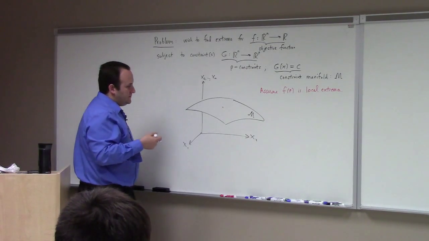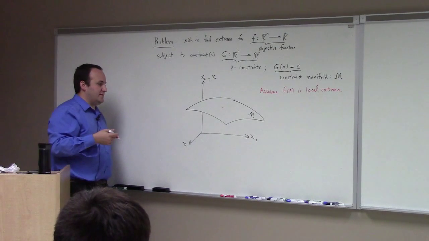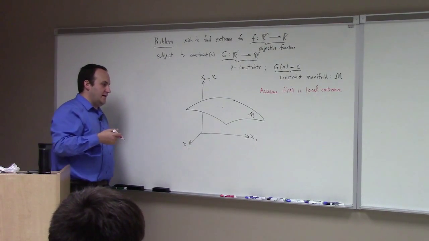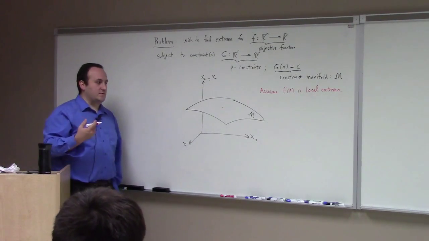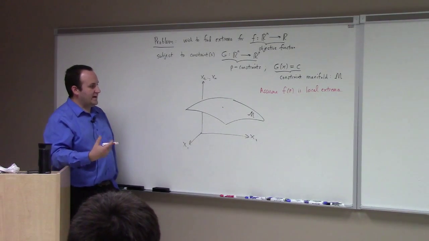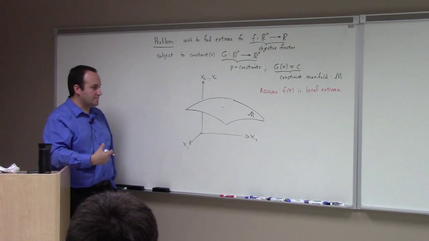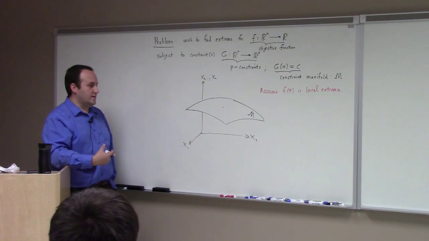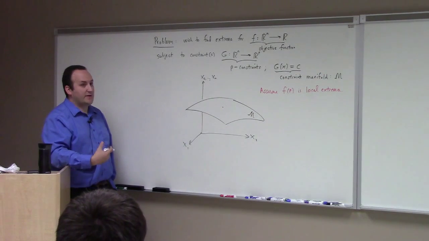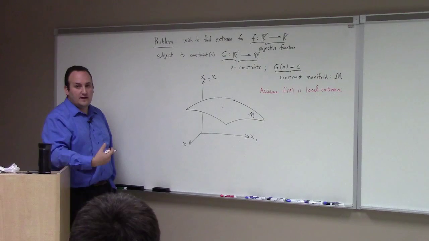Well, the story that gets played out again and again as you study abstract analysis is you can use curves to find the information you need about a given problem. And so if we look at curves through that point, we can actually learn what the relation has to be between the gradient of the objective function and the gradient of the constraint functions.